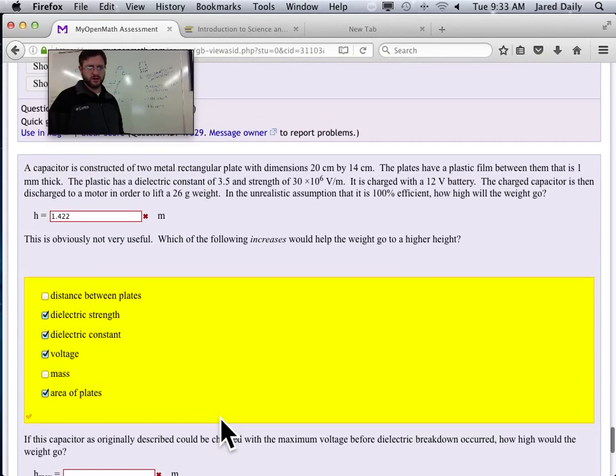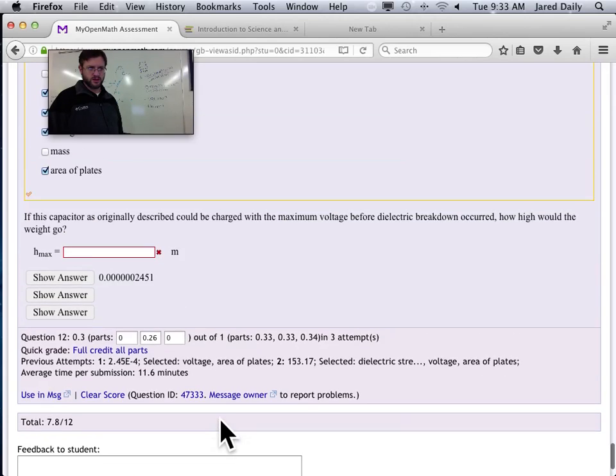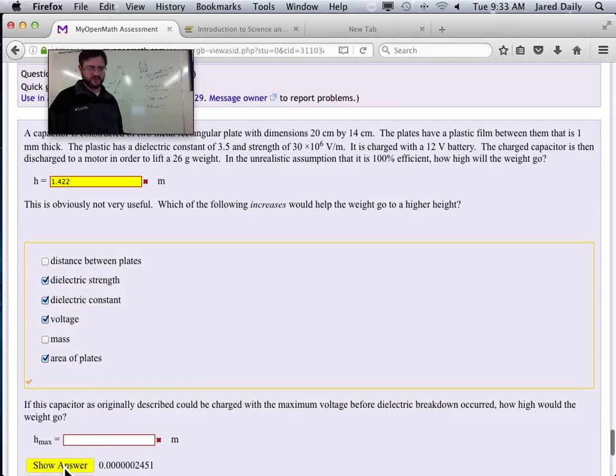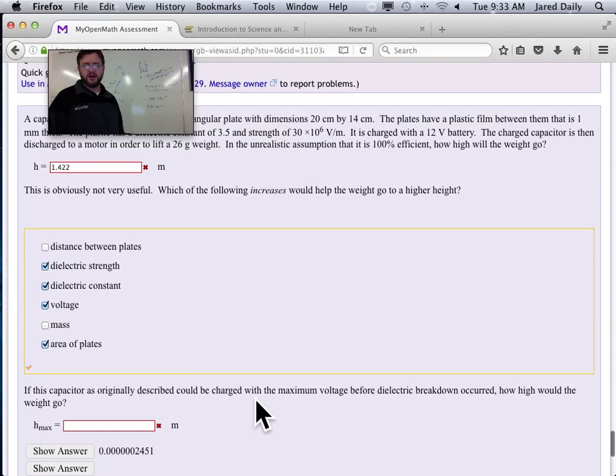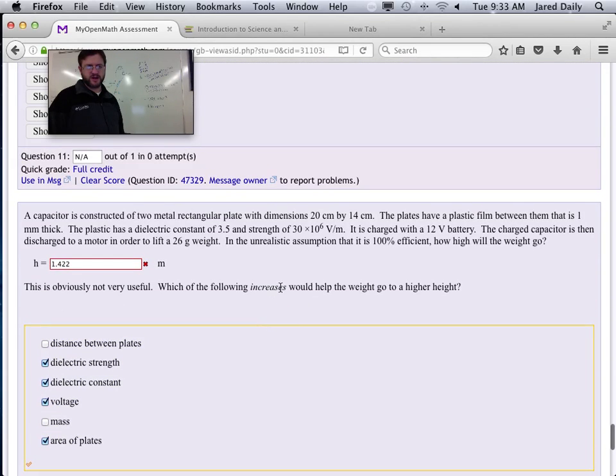That's for the maximum. No, it's not. It's for this one. That's for the height. Oh, that's it. Did we get all the numbers right? 3.5, 1 millimeter, 26. Don't you have to use the 30 times 10 to the 6 voltmeters whenever you figure out your voltage, whenever you put it into your CV? C voltage? No, you don't have to use that.